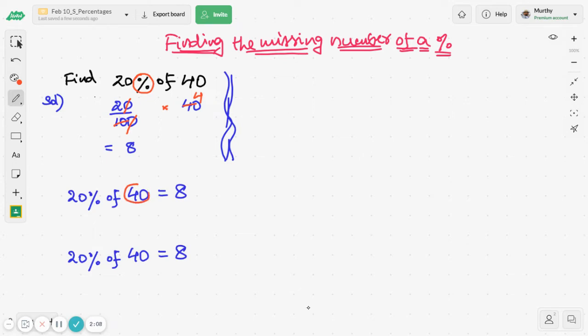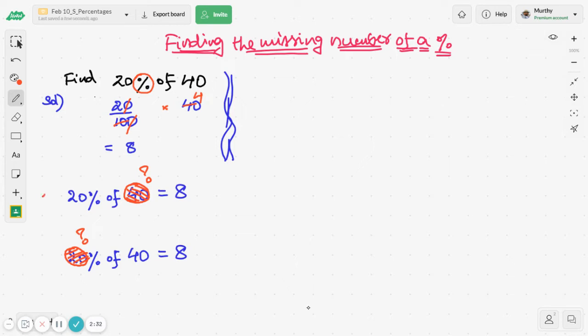Let's assume that this value is missing and how to figure out this one. That is one question. And the second one is, instead of that, let's say the percentage is missing, then what percent of 40 equals 8?